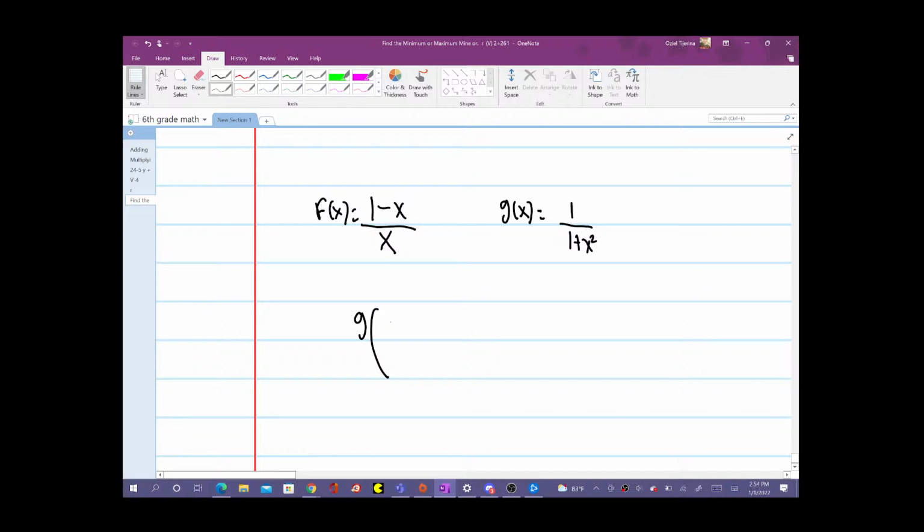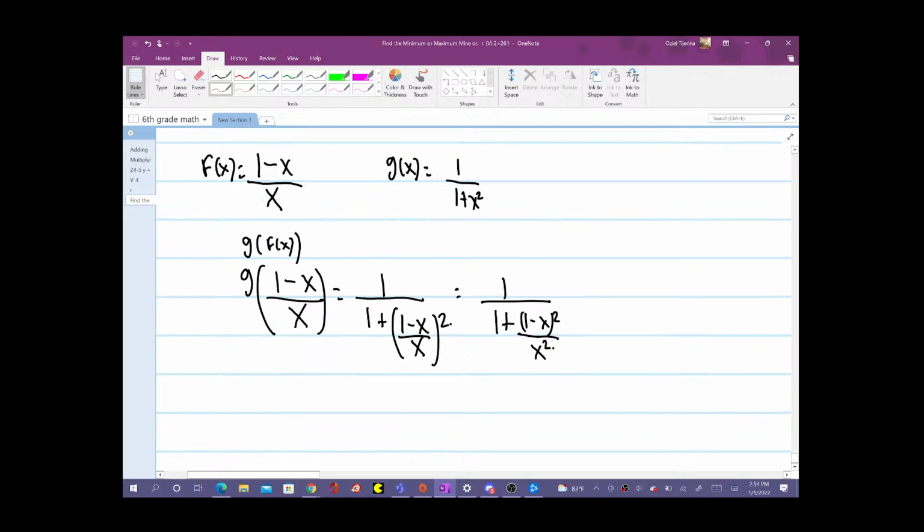So this becomes 1 over 1 plus the quantity (1 minus x) over x, quantity squared. So this becomes 1 over 1 plus (1 minus x) squared over x squared. The way that I got that is because (a over b) squared is a squared over b squared.